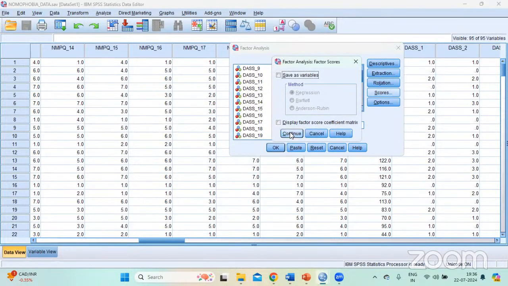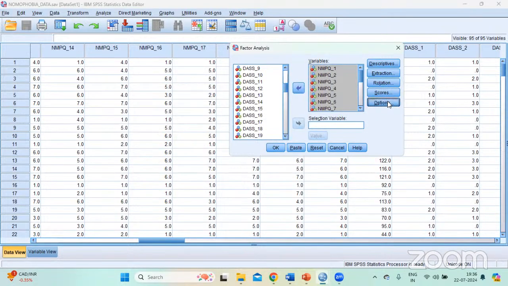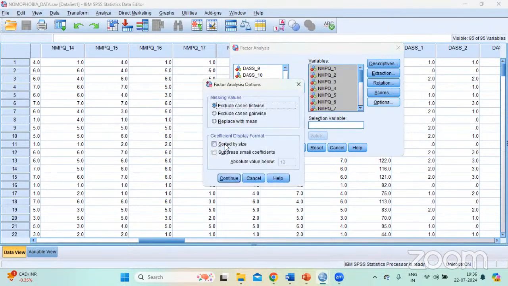Scores, we do not need options. Here, only one thing we will be asking, the coefficient display format. In that part you have to give your preferences. We would like it to be sorted by size, as in the coefficients, meaning the component loadings.